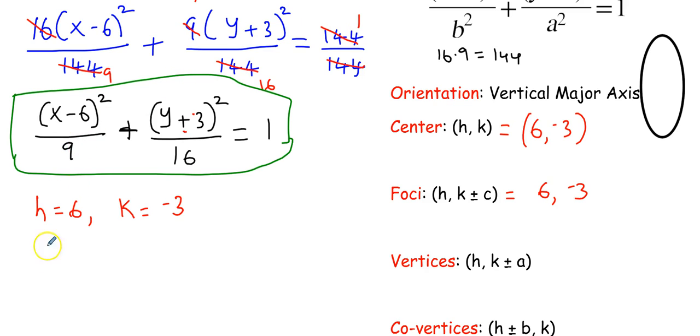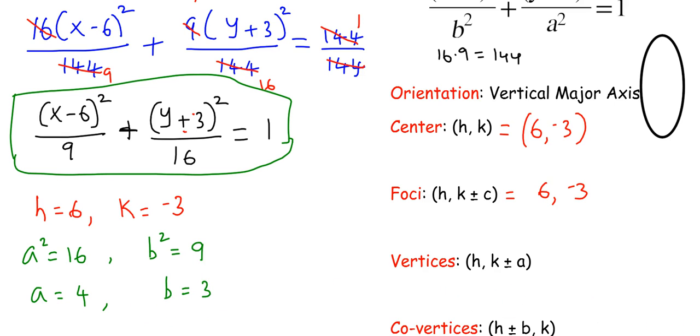Again, this a is there. a square is equal to 16. This is a, right? And b square is equal to 9. That's a square and then b square. So square root of 16, that is 4. a is equal to plus or minus 4, and b is equal to plus or minus 3.